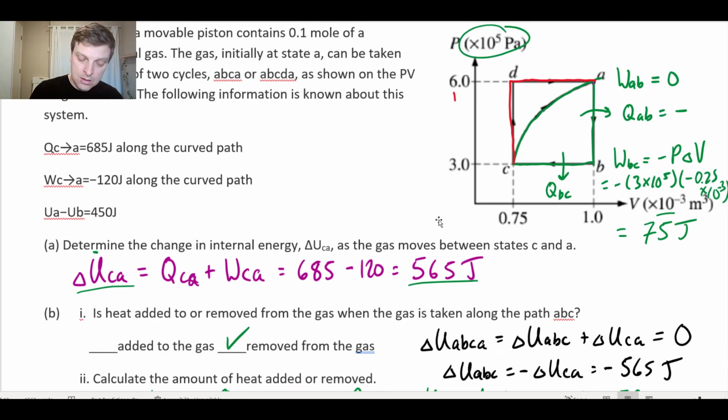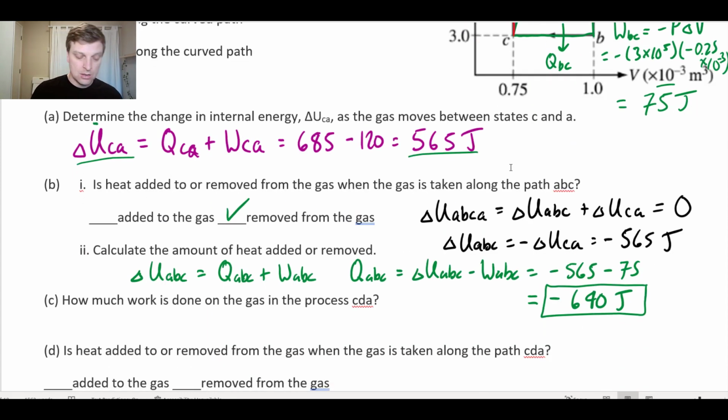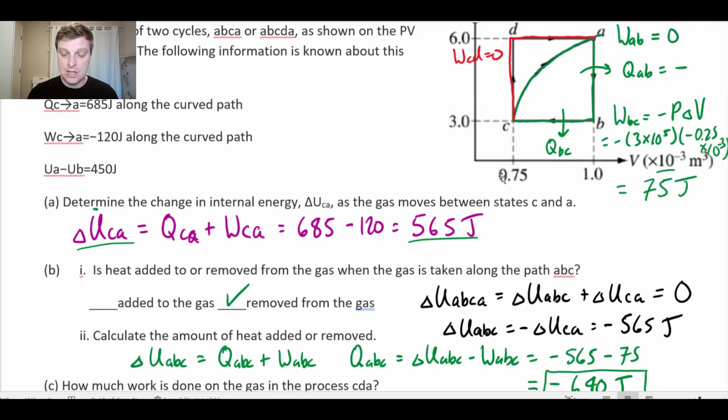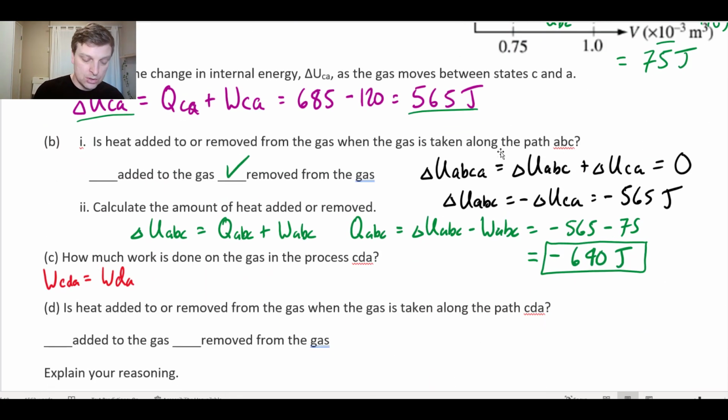The work in step CD is also going to equal 0 because there is no change in volume. And so really all of the work done in CDA is just the work done from D to A, because there is no work done in that first step, and that's just going to be equal to negative P delta V.